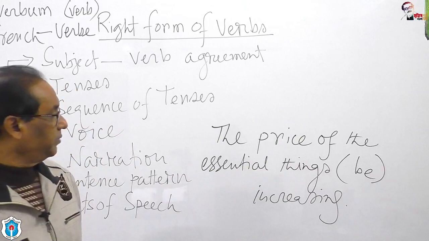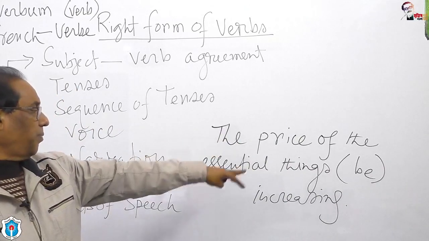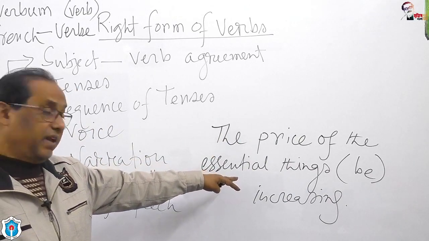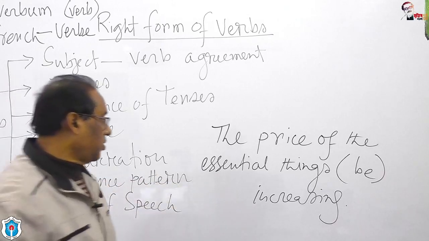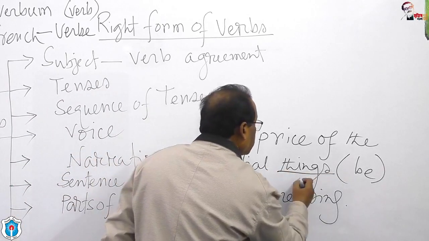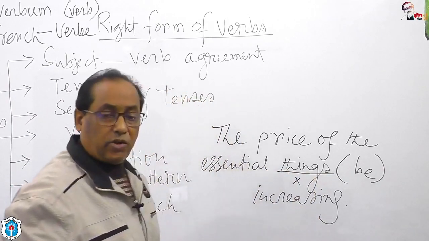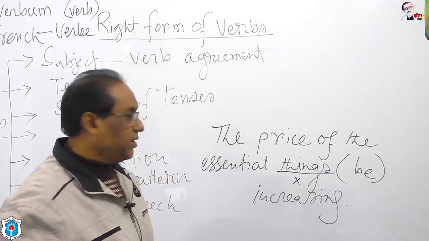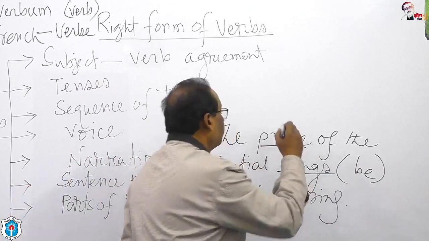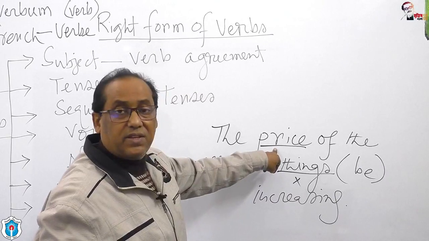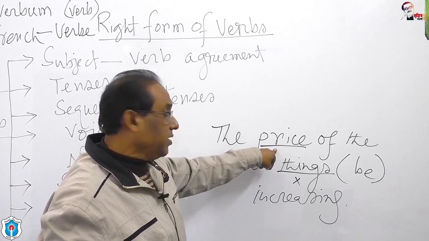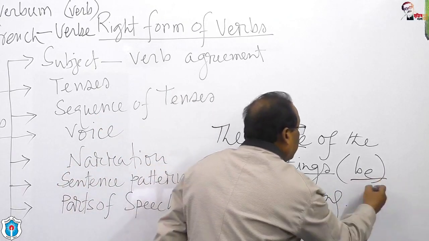Look, the price of the essential things. So here things is not the head word of the subject. The head word of the subject is price. The price is singular. Okay, so the verb is also singular.